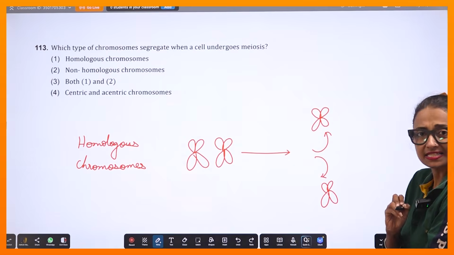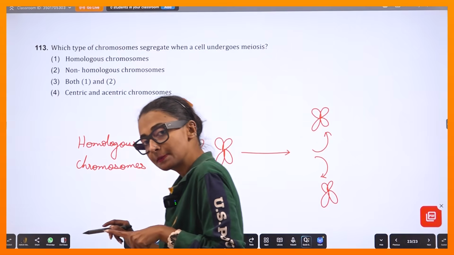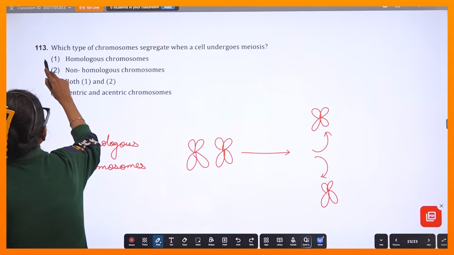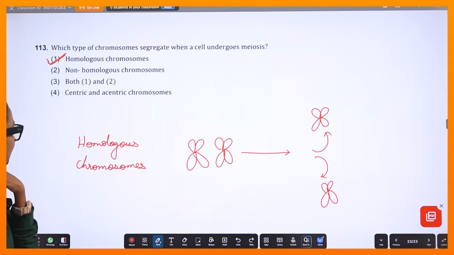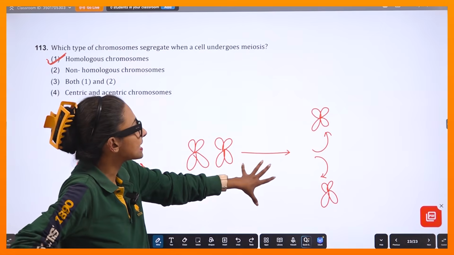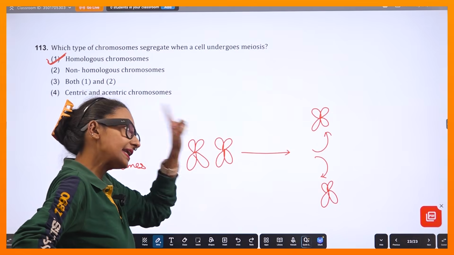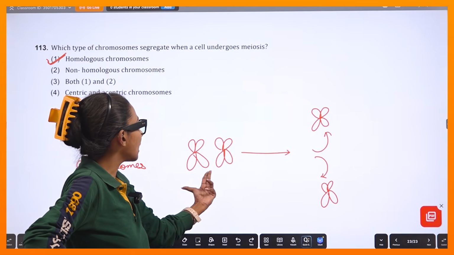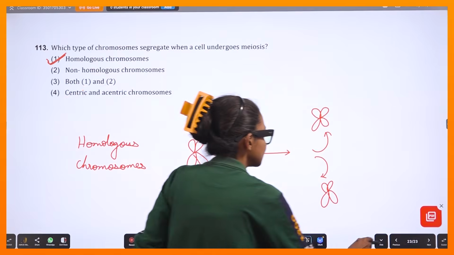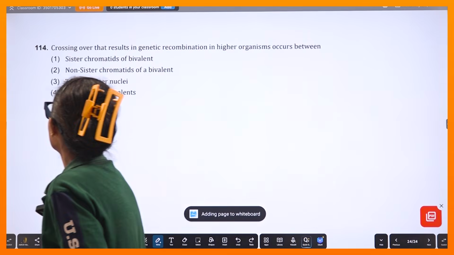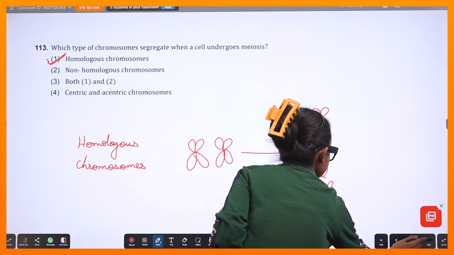So one member of each homologous pair of chromosomes. So I'll go with homologous chromosomes. Do you get me? If we are studying anaphase 1, then out of this one pair, one member will go to one pole and the other member will go to another pole. Okay, let's come to this. Did I mark the option? Oh yeah, I did.